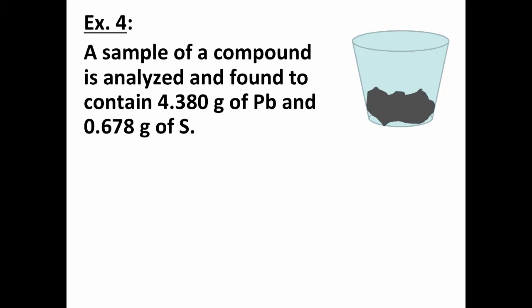What ends up happening is a reaction takes place between the lead and the sulfur. The excess sulfur burns off, and in this case 0.678 grams of sulfur actually reacted with the 4.380 grams of lead and made a lead-sulfur compound.